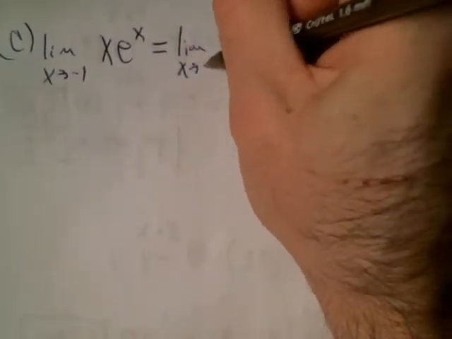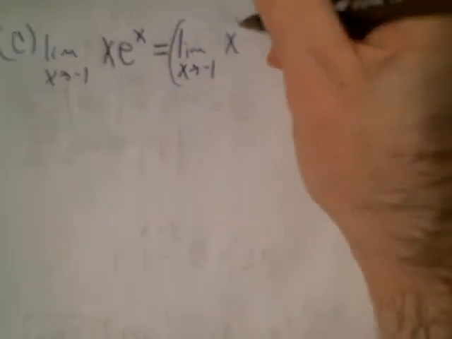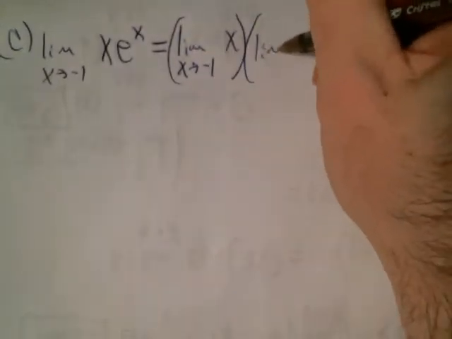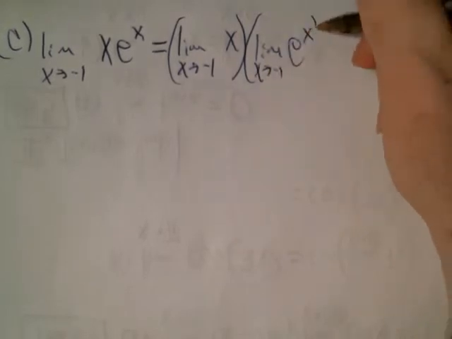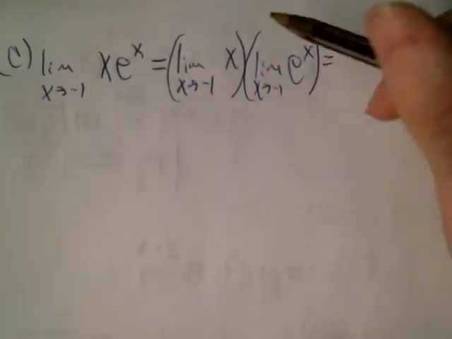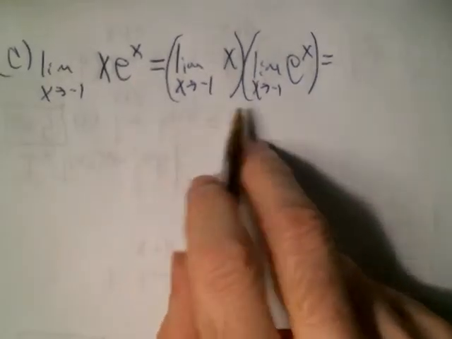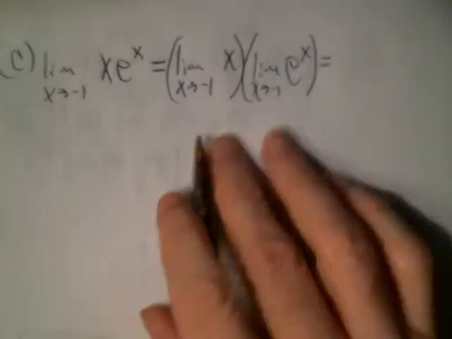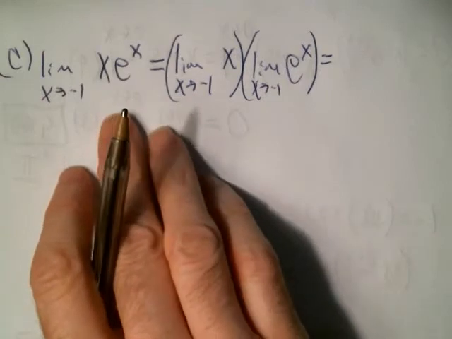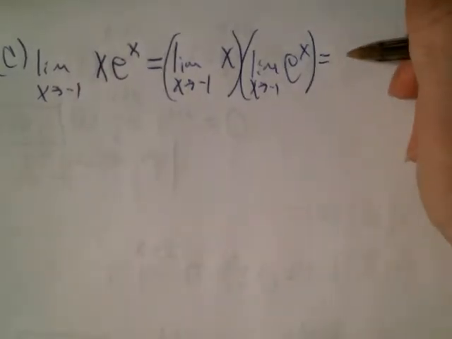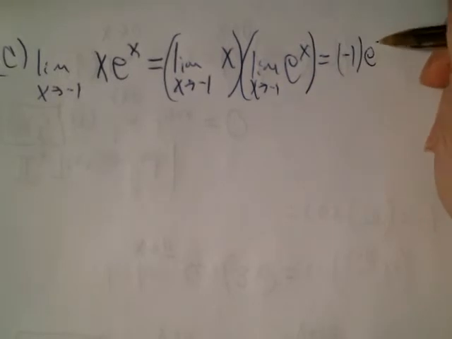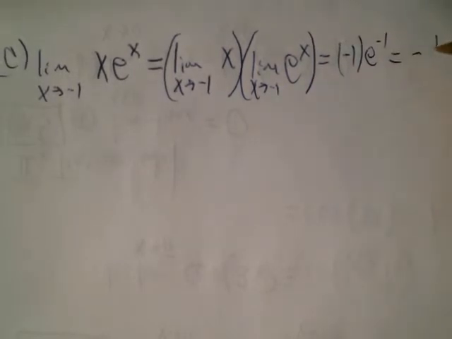The limit as x goes to -1 of x is just -1, and the limit as x goes to -1 of e to the x is e to the -1. The limit of the product is the product of limits, and ultimately it's just a plug and chug. If you had just substituted here, you'd get the right answer. So it would be -1 times e to the -1, which is -1 over e.